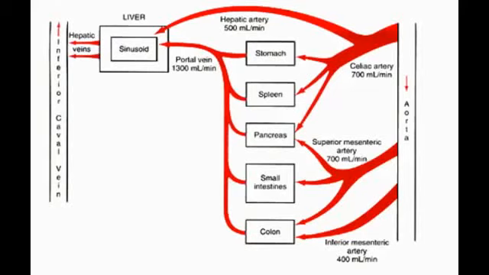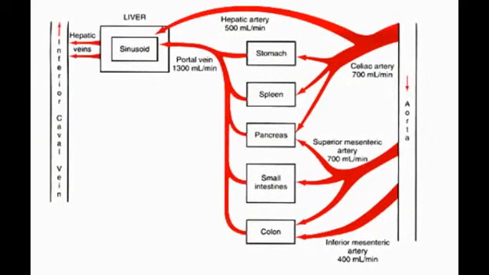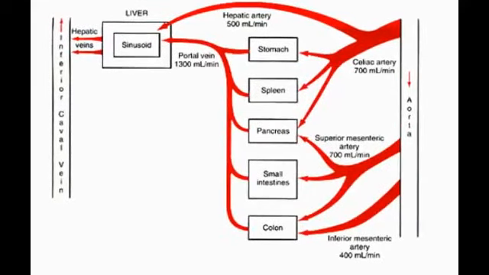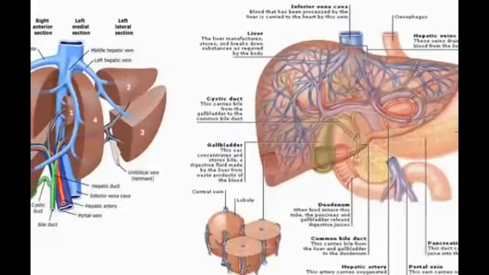Then after all the blood flows through the liver sinusoids, it goes through the inferior vena cava to the right part of the heart. So this is one more connection between the organs in the thoracic area and in the abdomen area. Then we go to the 8th slide.